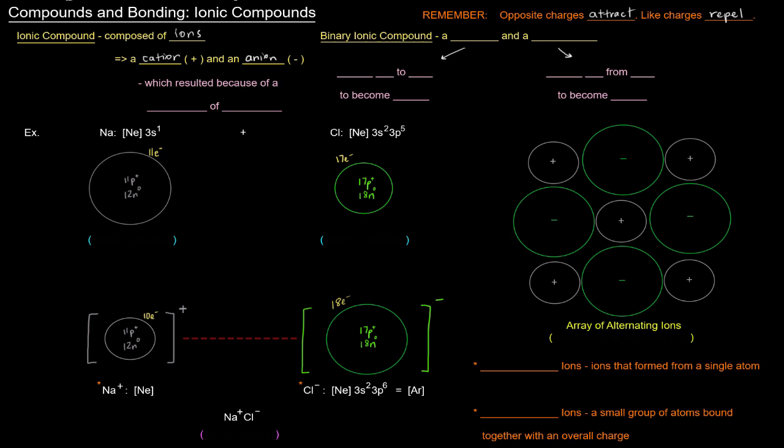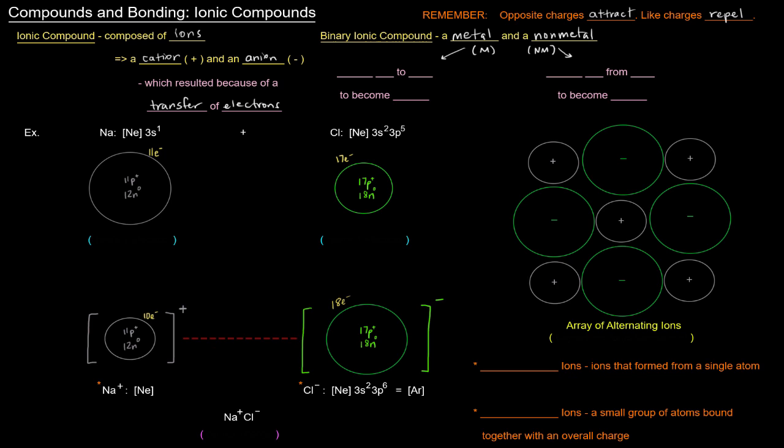Now, these ions resulted because of a transfer of electrons, right? So if we think about a binary ionic compound, that is specifically a metal, which I'm going to abbreviate as just M, and a nonmetal, which I'm going to abbreviate as NM.